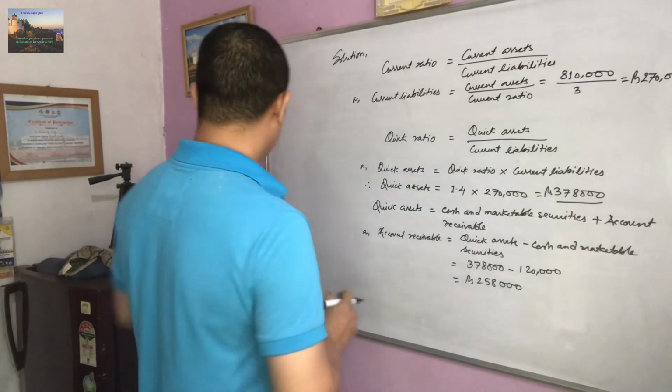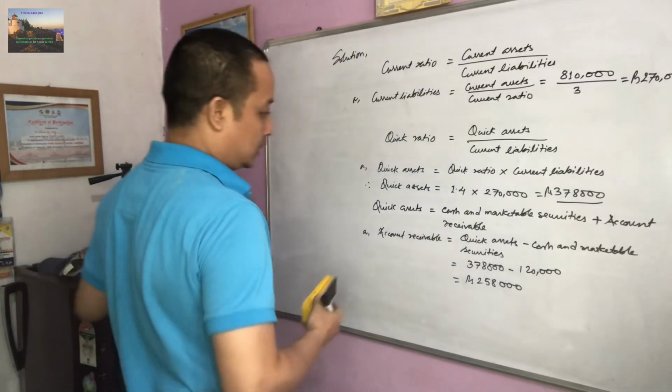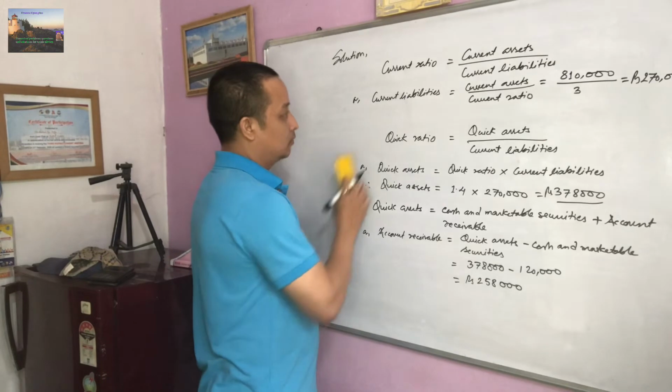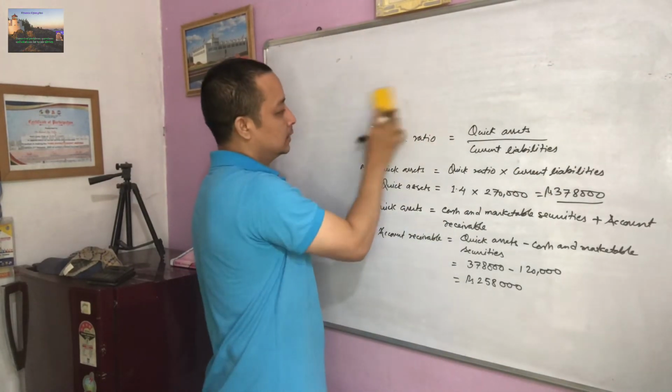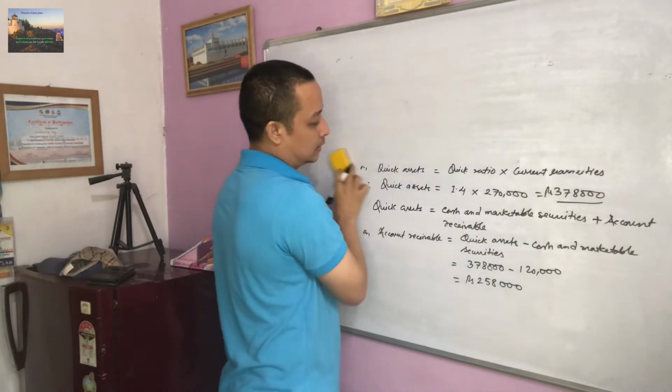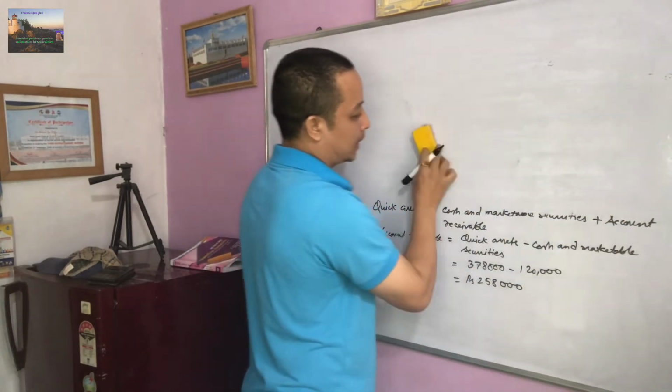So days sales outstanding is also given in the question. Now let's see how to find the annual sales by using days sales outstanding.